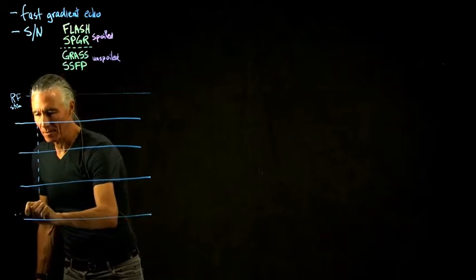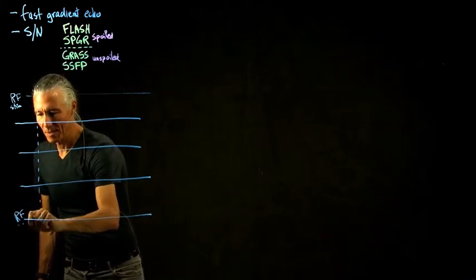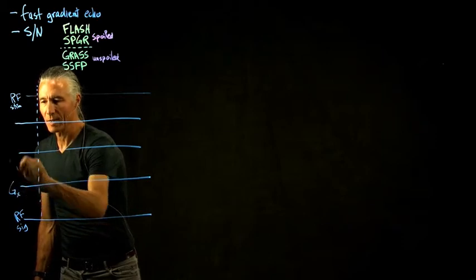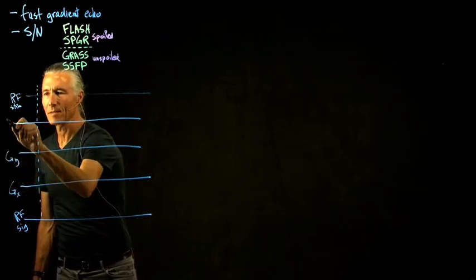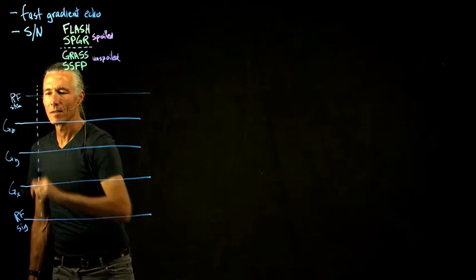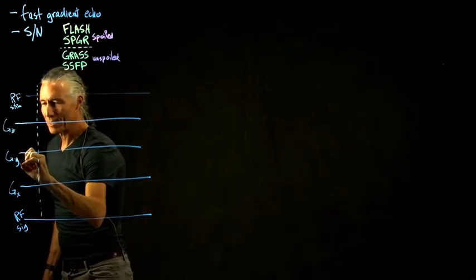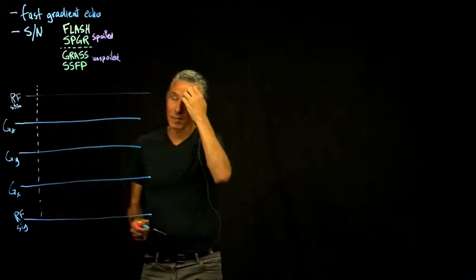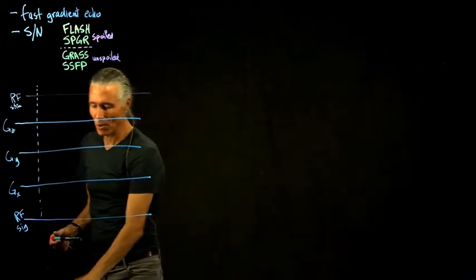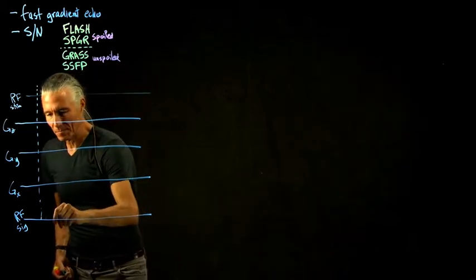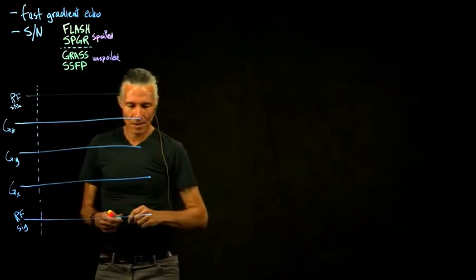So this is RF sig, and here's the X gradient and the Y gradient and the Z gradient. This is still not a completely practical sequence because this is just a 2-dimensional sequence. This is actually very similar to the localizer that runs when you start up the scanner.